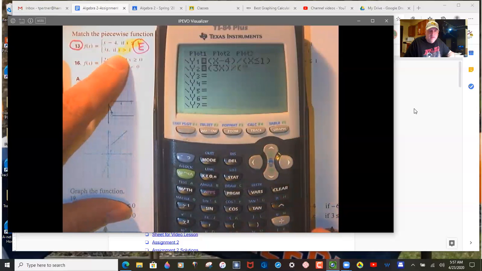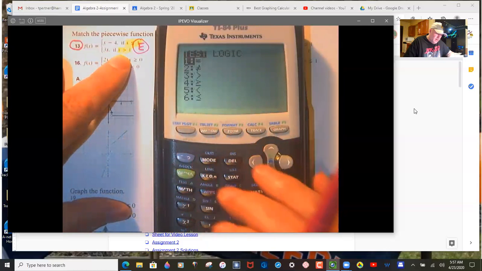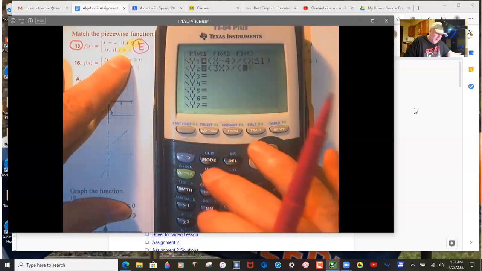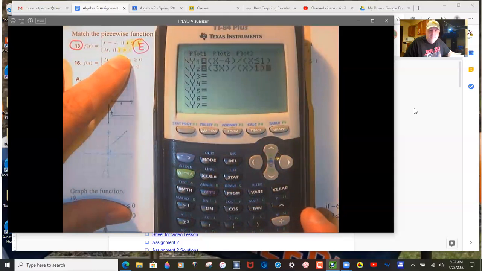So 3x is then divided by x is greater than 1. So second test, we want greater than, so 3. Oops, I didn't put x first, sorry. So second test, you've got to put your x first, is greater than 1. Okay, so there's the double inequalities, which I'm not doing an example of.